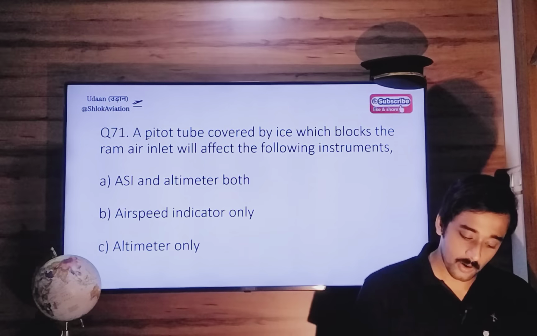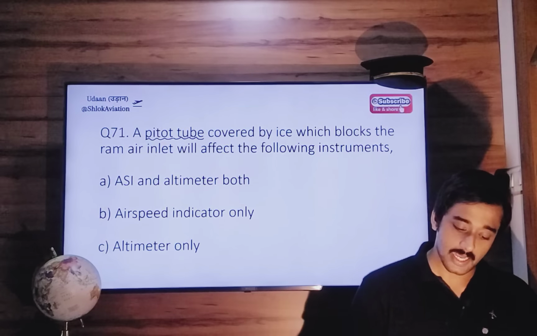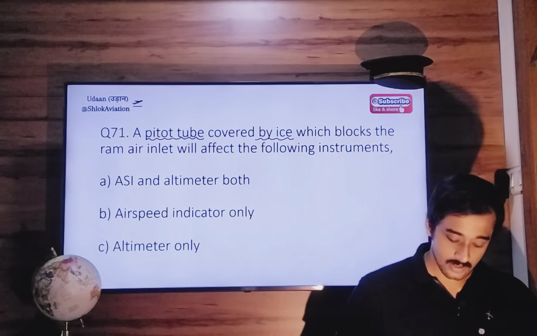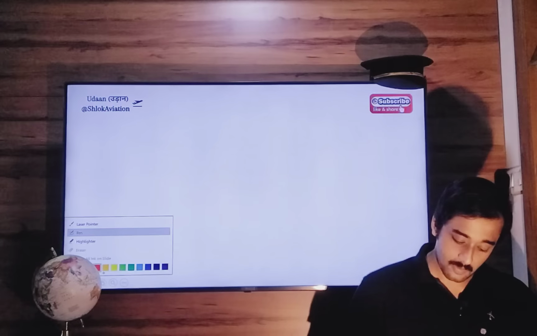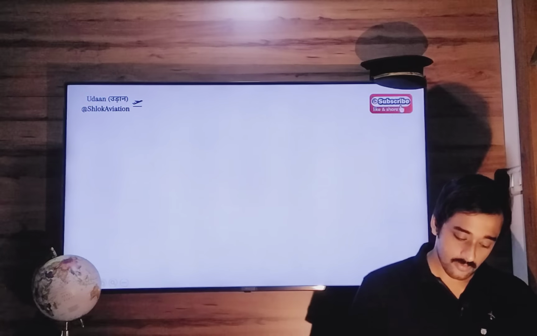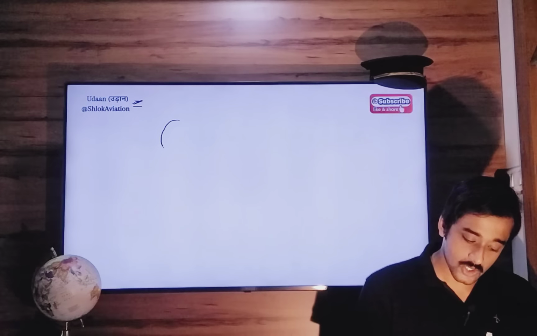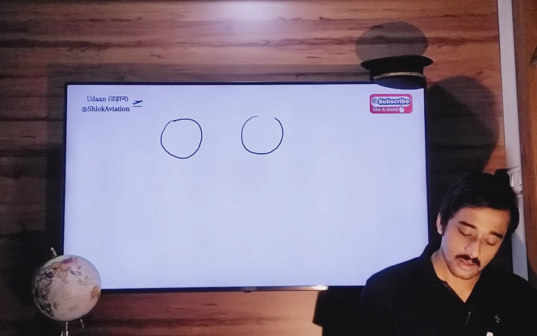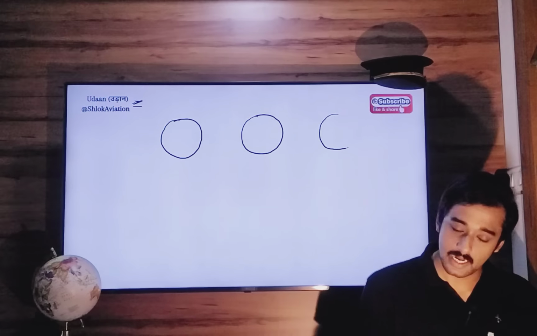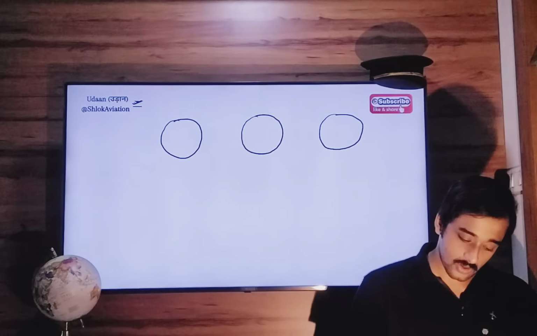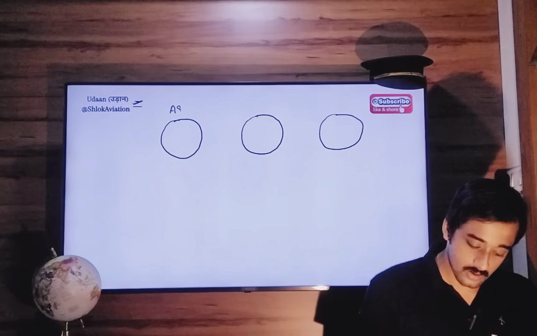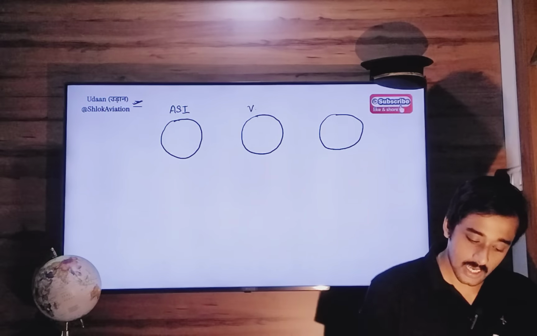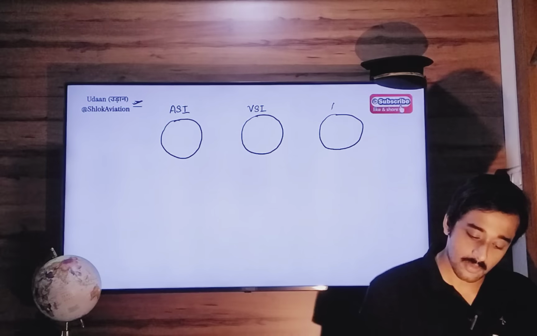So now they are talking about a pitot tube getting blocked by ice. Now we have three pressure instruments: airspeed indicator, altimeter, and vertical speed indicator, right? So ASI, VSI, and altimeter.